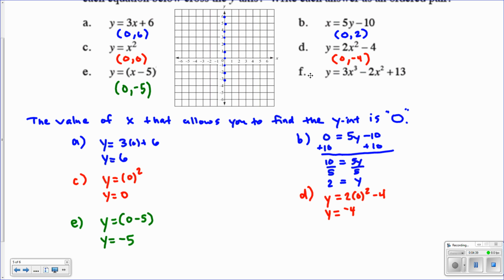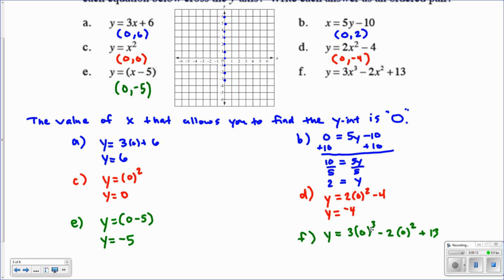Last but not least, we have F, and this one's going to be a cubic function. So it does not change the process here, or the fact that every point on the y-axis has an x-coordinate of 0. We just need to plug in 0 into several input locations here. So we'll do y equals 3 times 0 cubed minus 2 times 0 squared plus 13.